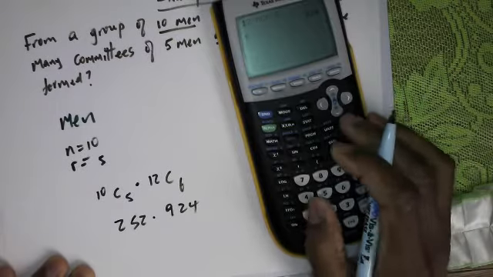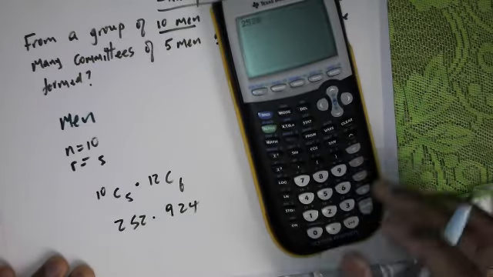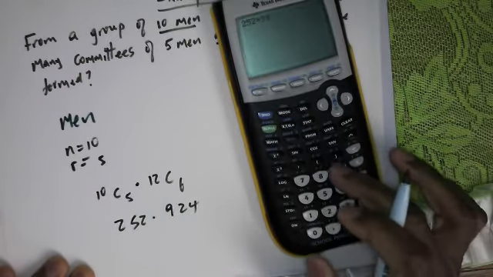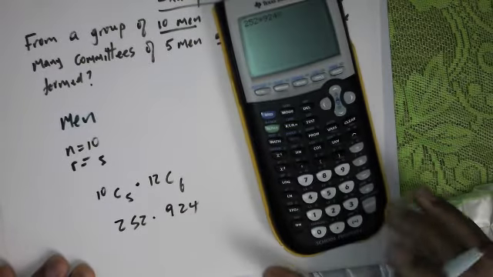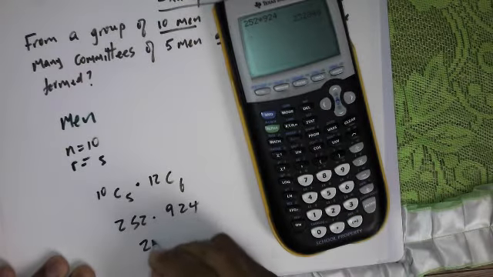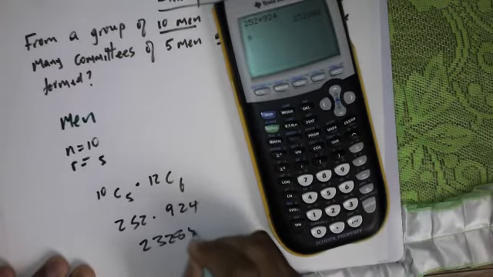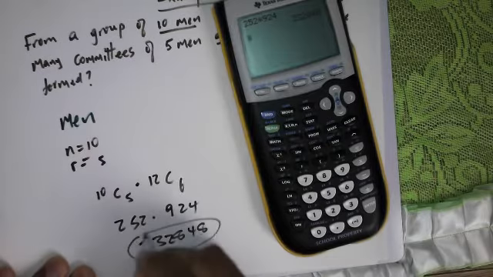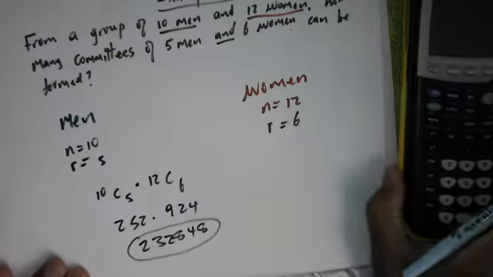Let's take the product: 252 times 924 equals 232848, and this is the number of ways you can create that committee.